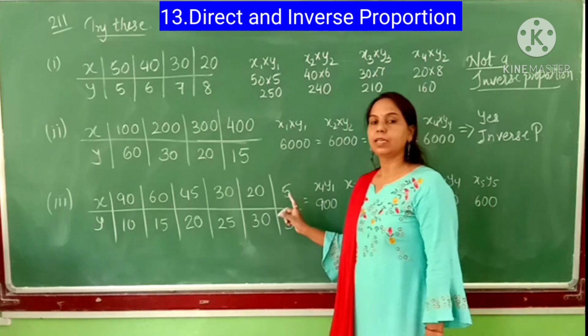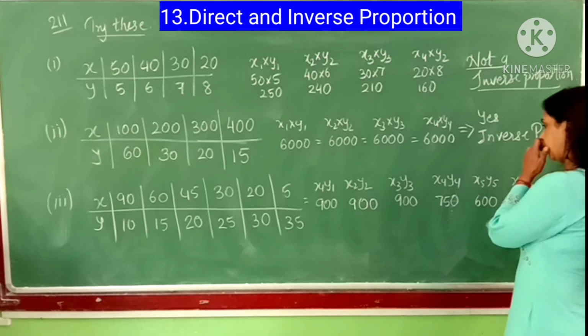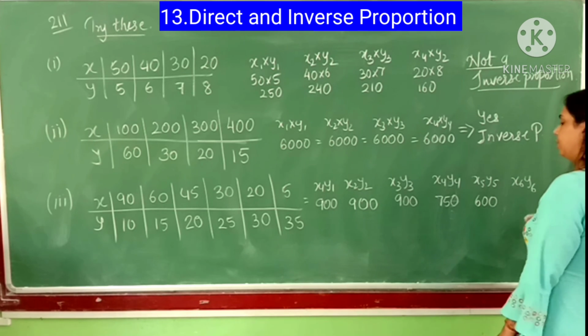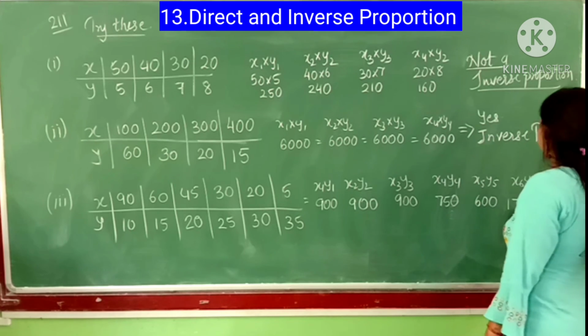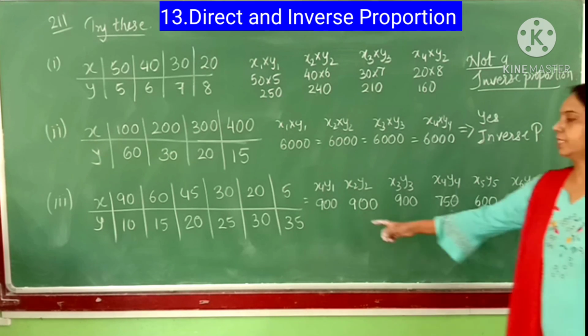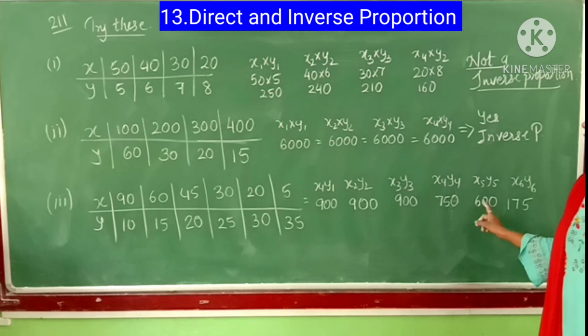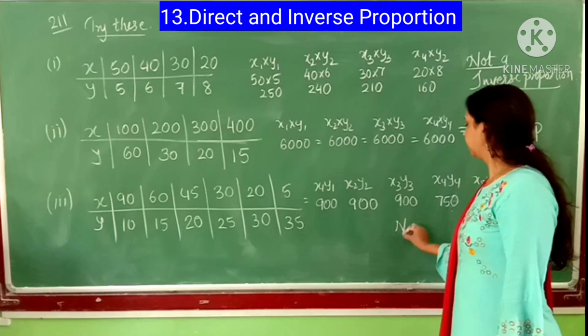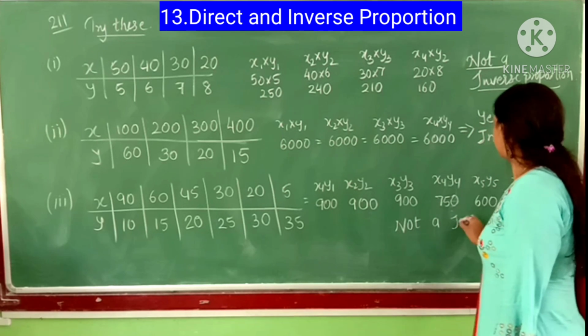Last, 5 into 35, x6 into y6 comes to 175. Here you can see the value differs for x into y. It's not one constant value. So it is not an inverse proportion.